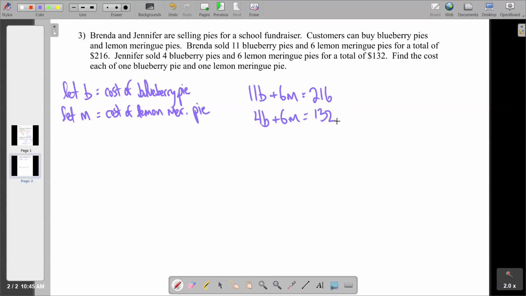Perfect. And we find ourselves now for the third straight time in a not quite eliminatable system, but pretty close, huh? All right, so I'm just going to take the top one and multiply it by -1. And that's going to change it into -11B minus 6M equals -216.